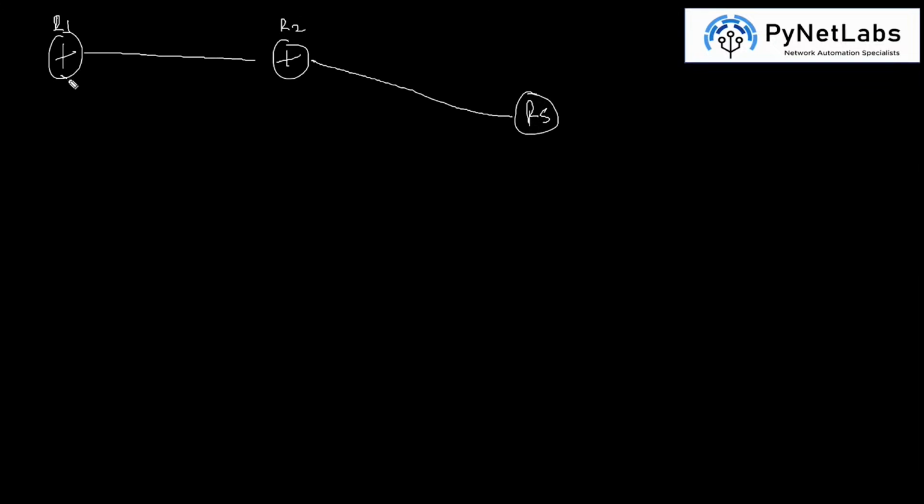Okay, now let's take another example, and I want you guys to answer this time. We have a router R1, then we have another router R2, and let's take R5 as the destination router. So this is the first route. Then we have this.